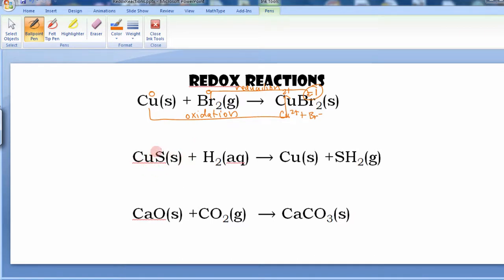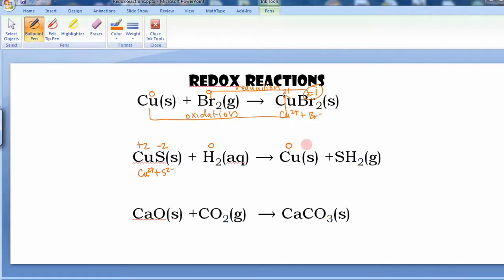Okay, so copper sulfide, you recognize that this breaks up into Cu2+ and S2-. So there's +2, there's -2, hydrogen gas, 0. Copper in this elemental state, solid, no charge, has the same number of protons and electrons.